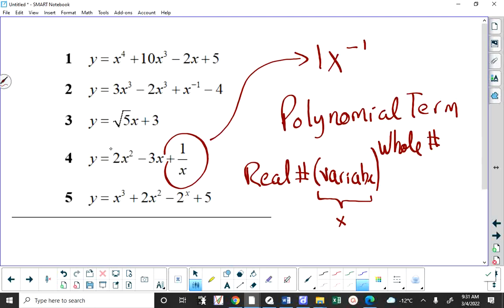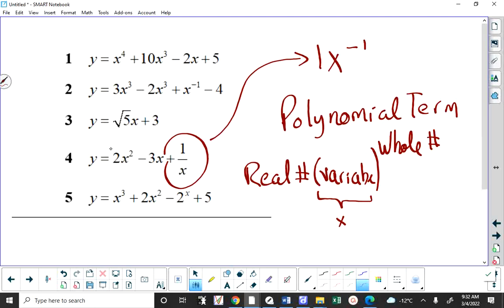It's not polynomial, it's rational. In Math 20, you're taught that a rational expression is an expression where x is in the denominator. So that's a rational term. This function, function 4, is a combination between a polynomial and a rational, and we would probably just call it a rational function. Okay.